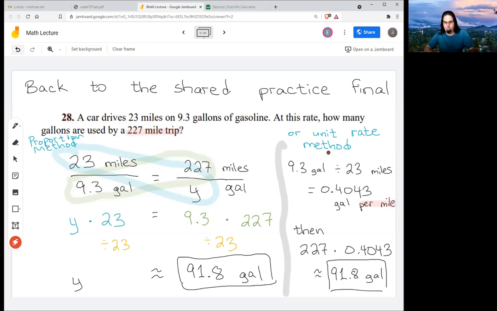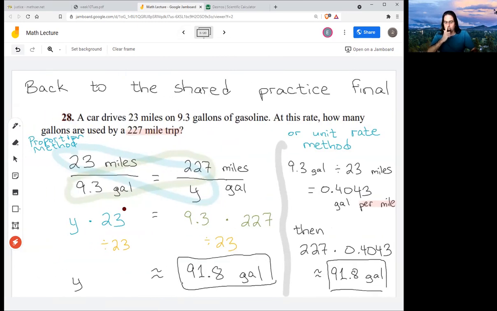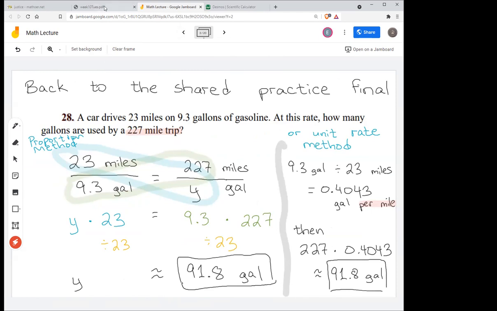You don't have to remember which one to divide by first or second. You don't have to remember like I did, should I put the gallons on top or the miles on top, or make this the first fraction or that the first fraction. So that just flows better. Okay, questions on 28, any of those ways? I'm good.